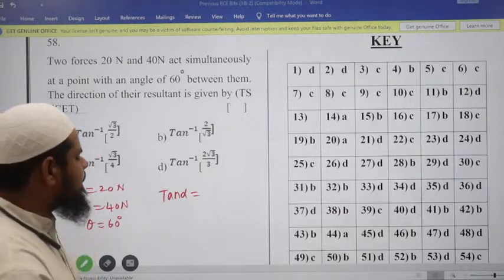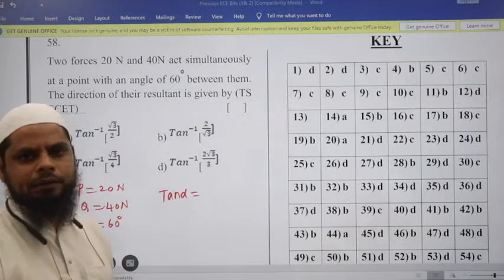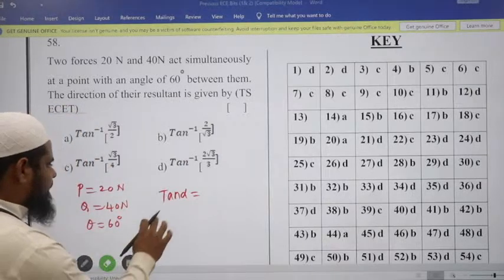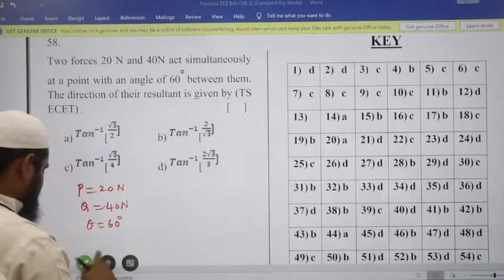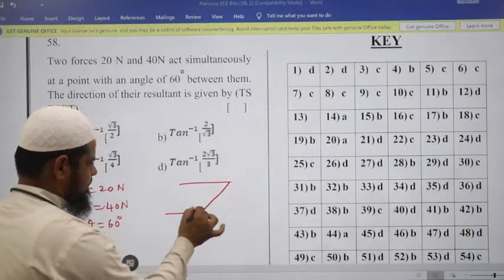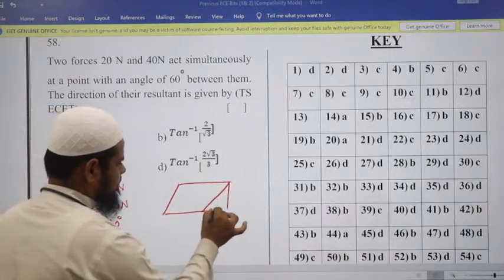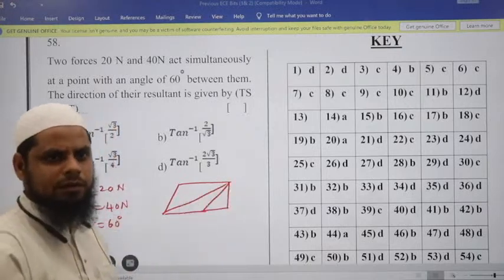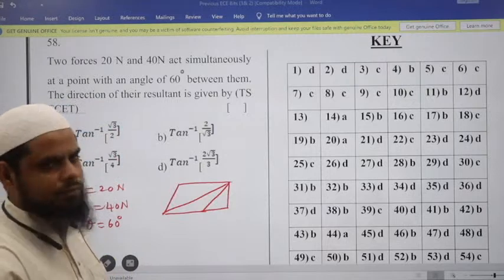Generally, tan alpha is q sin theta by p plus q cos theta, or else I'll derive that one.